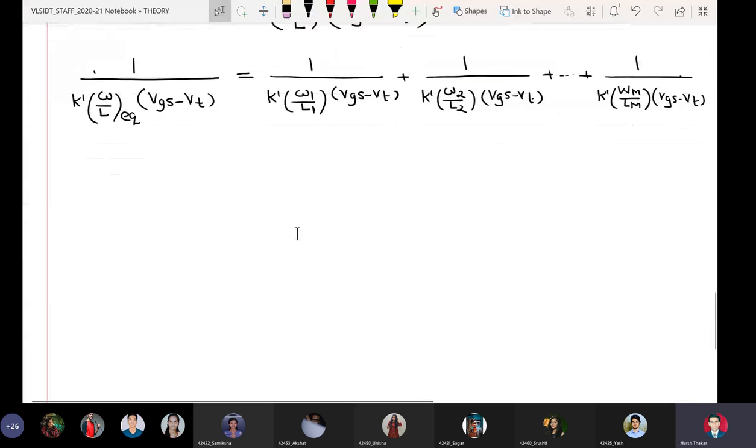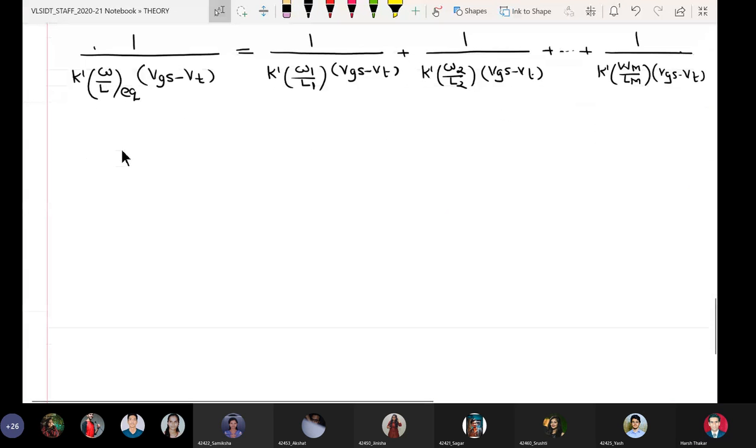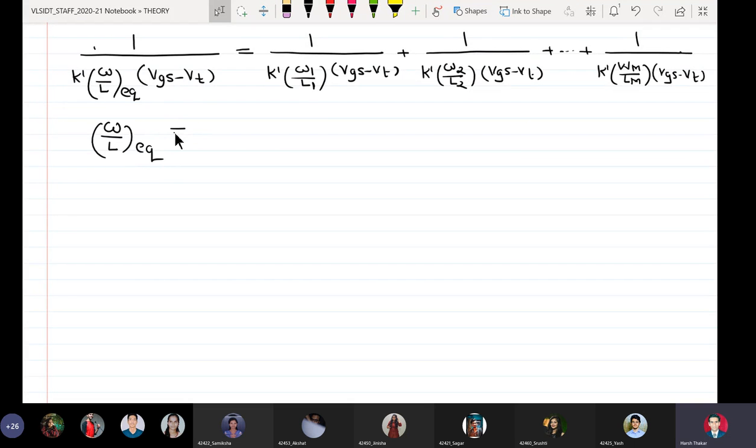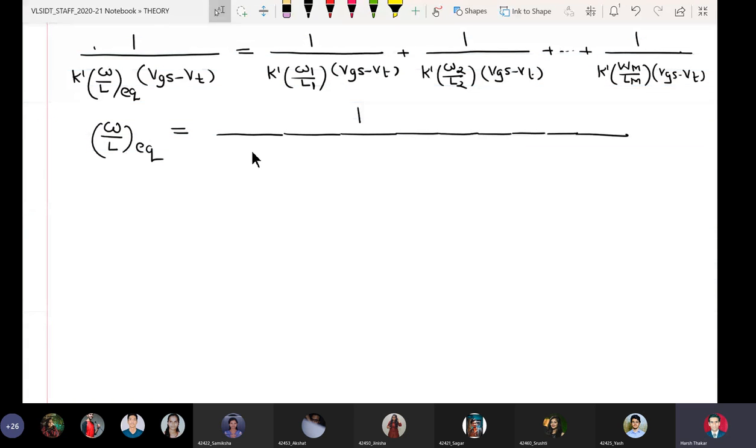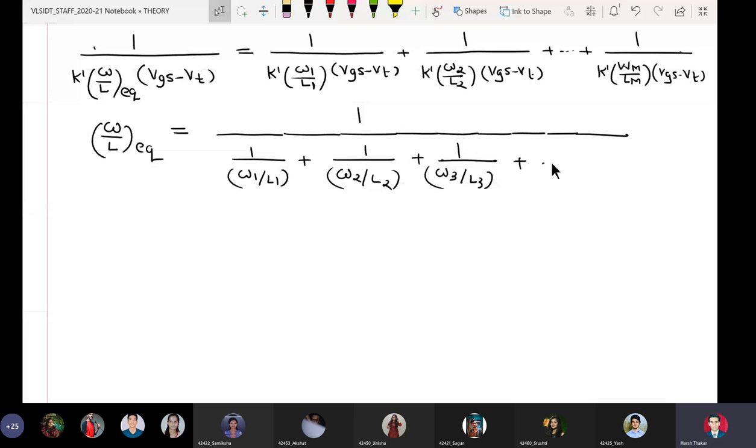That is why we can clearly write it like this, that W by L equivalent of the series connection of MOSFET devices is 1 over 1 upon W1 by L1 plus 1 upon W2 by L2 plus 1 upon W3 by L3 up to 1 upon WM by LM.